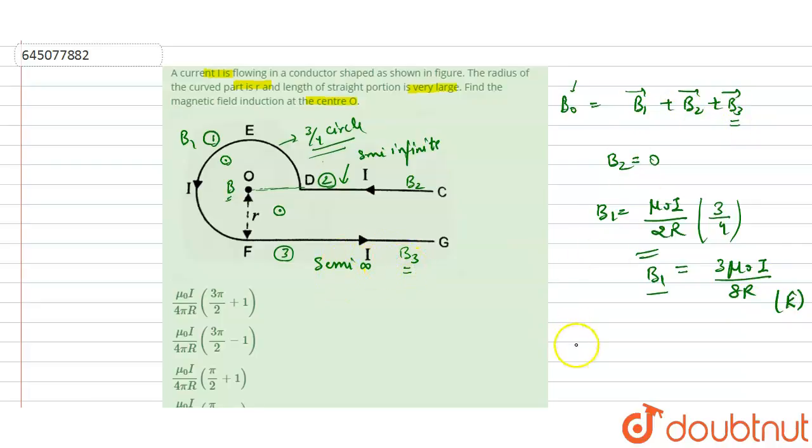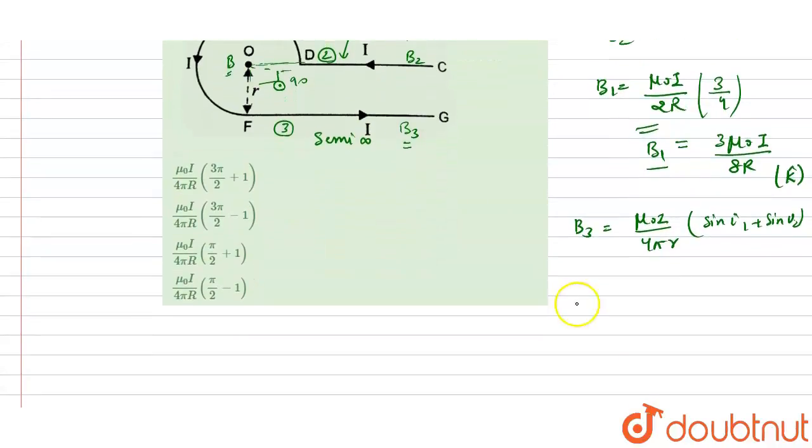Now we know that this is a semi-infinite wire. The point is at infinity, so the first angle is 90 degree and the second angle along this line is 0 degree. We know that the magnitude is mu naught I divided by 4 pi R into sine theta 1 plus sine theta 2. Here theta 1 is 90 degree and theta 2 is 0 degree.